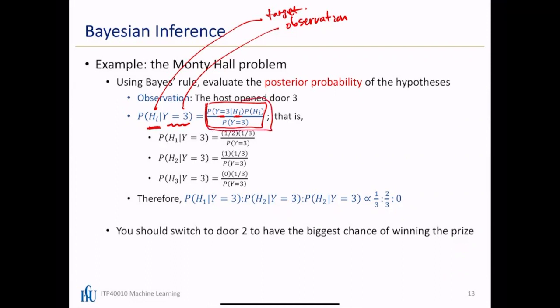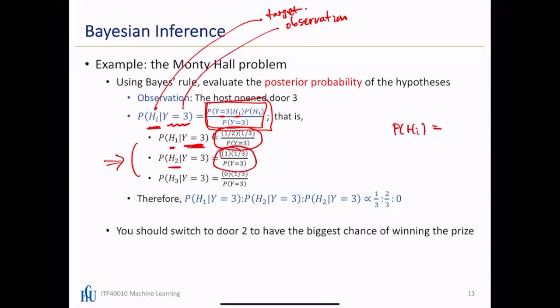Next, we simply assign each of those values. We can consider 3 different cases, where the prize is behind door number 1, behind door number 2, or behind door number 3. Where the prize was behind door number 1, given the game host opens door number 3, you can calculate the probability like this. And where the prize location is door number 2, it was calculated in this way.